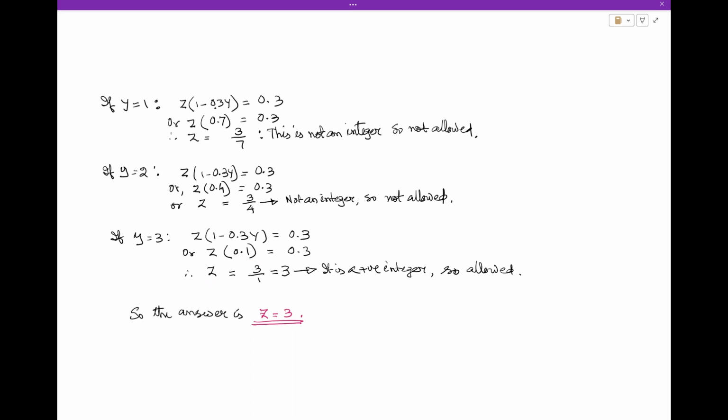Therefore, g is equal to 3 by 1, that is equal to 3. This is a positive integer. Therefore, this value is acceptable for g. That means y has to be 3 and then g has to be 3. We are asked to find the value of g, and the value of g thus is 3.